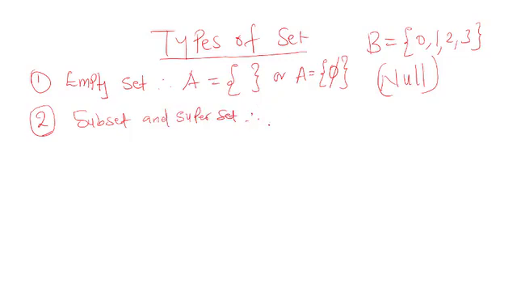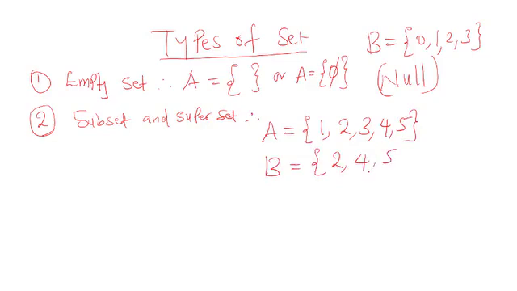Now, if I have A to be equal to 1, 2, 3, 4, and 5, let me make A 1 to 5, and B is equal to 2, 4, and 5. Now, if you watch what is going on here, B contains 2, 4, and 5. But there are some things in A that B doesn't have.